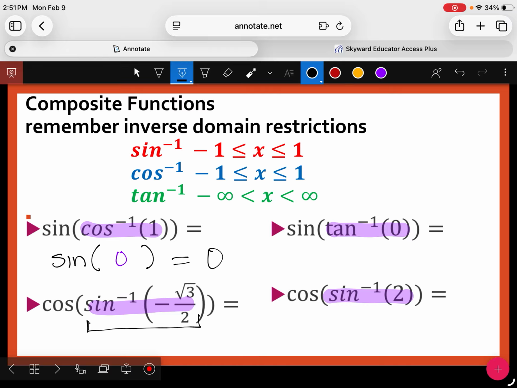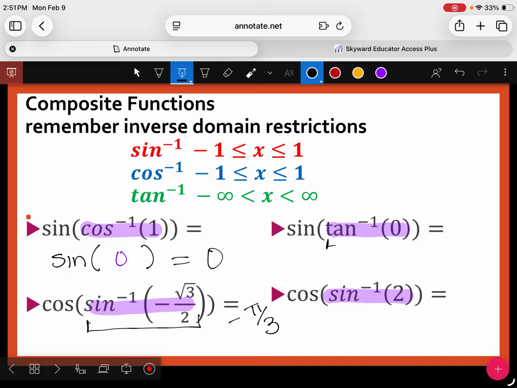So we know we're in quadrant 4, and the angle that has a sine value of -√3/2 is 5π/3, but that's not in the range. So instead of writing 5π/3, our answer would be -π/3.